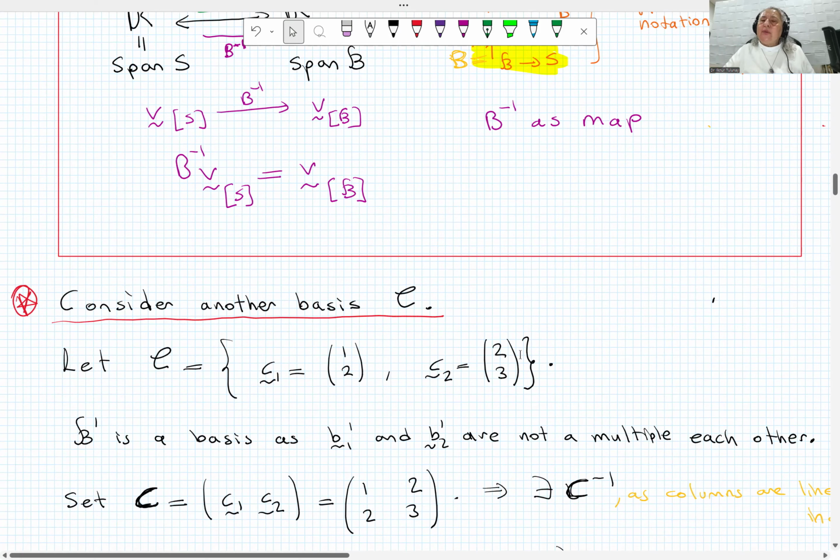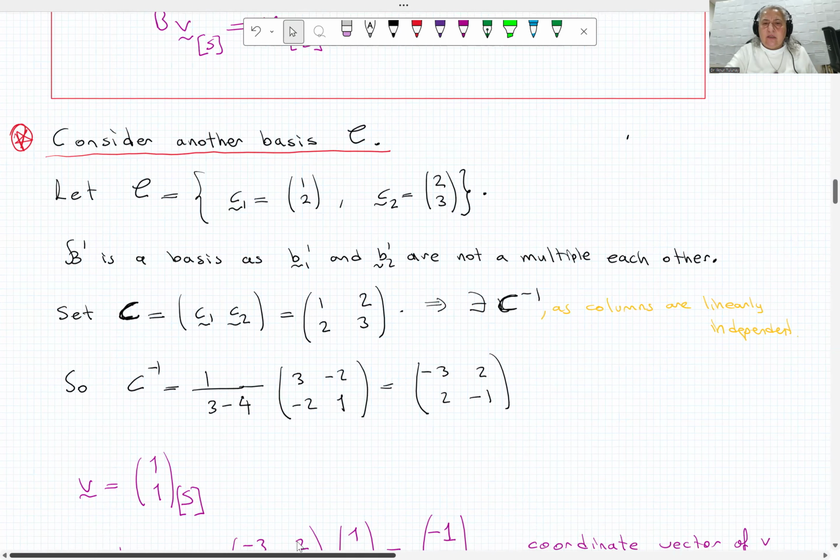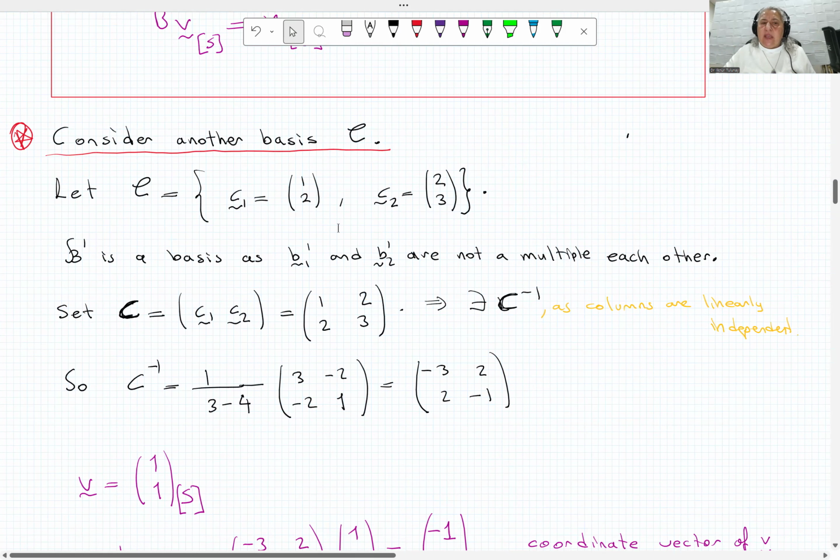Now we would like to consider another basis, C. This time we have B and we have C. We can do exactly the same things that we've done for B. Here we can set up the rules for C. It's another basis. Shortly, assume that we have C, you have these two vectors. They are not multiples of each other.